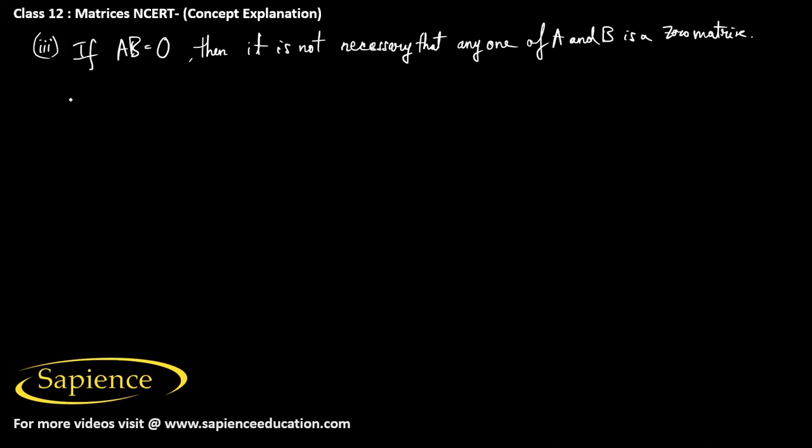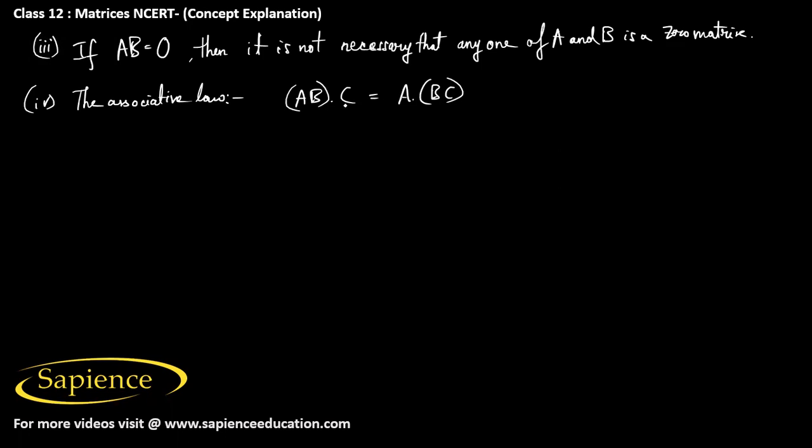And then some more properties are, matrix multiplication follows the associative law. It means that if we take the product of A and B, and with that we take the product with some other matrix C, or if we take the product of B and C and then take its product with A, that will give us the same result.